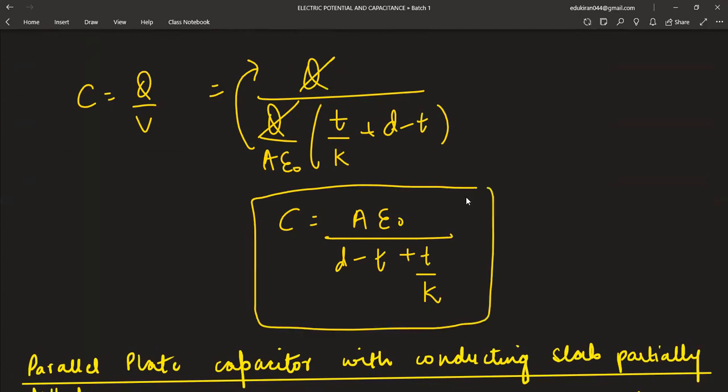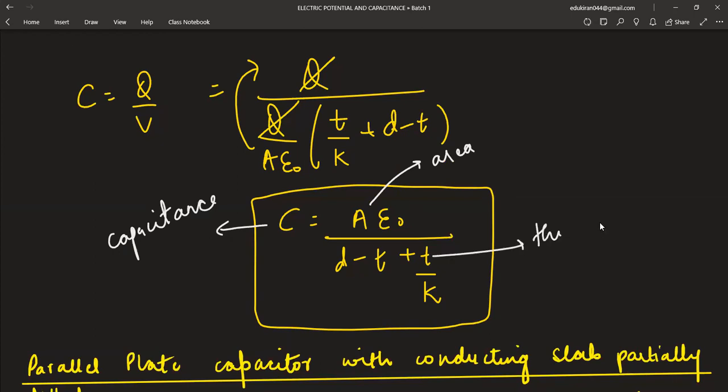If a dielectric slab is inserted with the thickness T, what are all the terms here? Let us revise it. C is the capacitance, which we are calculating. A is the area of the plates. Epsilon naught is the constant, 8.85 into 10 to the power minus 12. T is the thickness of the slab.